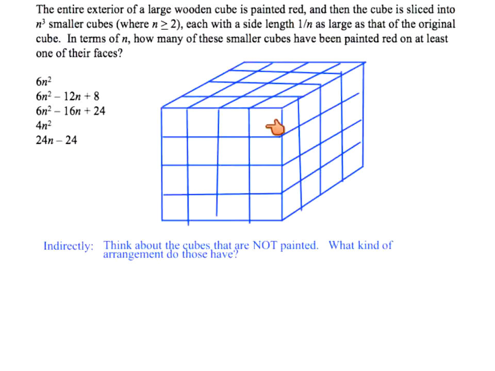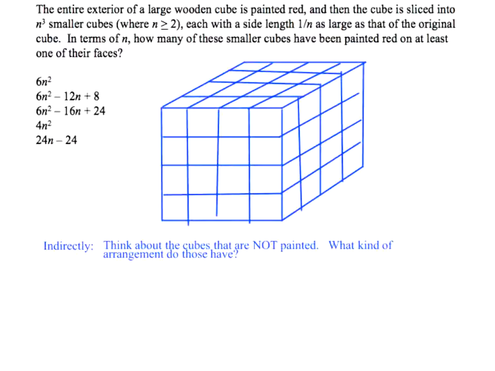But if you picture the inside core part of the cube, then anything in the middle is not on the edges. There's n-2 this way, n-2 that way, and n-2 that way. If you have a stack that's 4 by 4 by 4, there'll be a 2 by 2 by 2 group in the middle of that stack. If you have a stack that's 8 by 8 by 8, you'll have a 6 by 6 by 6 group in the middle of that.